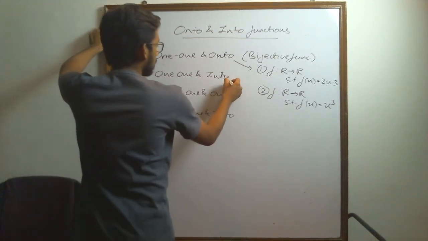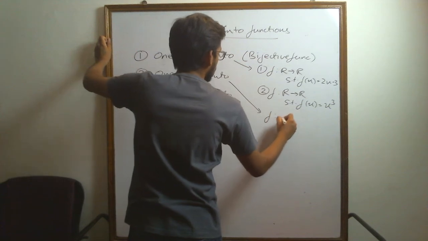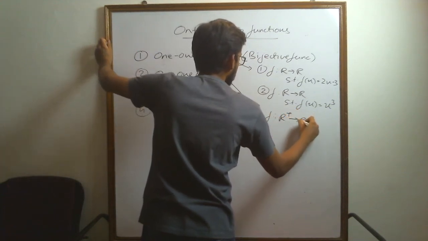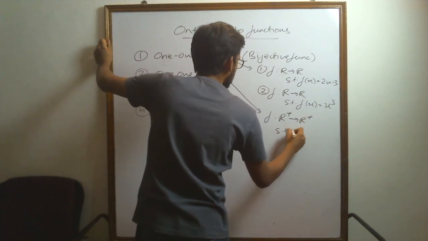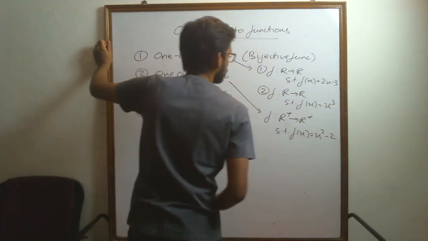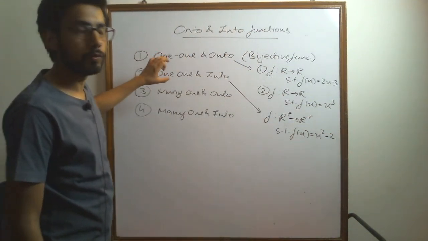Let's look at examples for the other functions. 1-1 and into: I have defined a function f from positive real numbers to positive real numbers such that f of x is equal to x square minus 2. This function will be a 1-1 and into function.